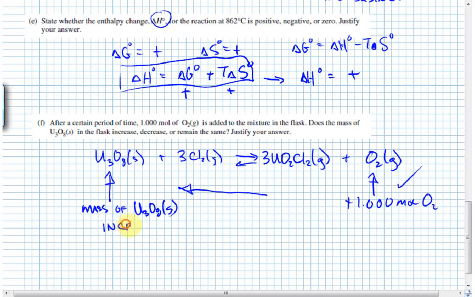Le Chatelier's principle will produce more of that because the reaction shifts to the right to remove this stress. Or not to remove it, but to minimize it.